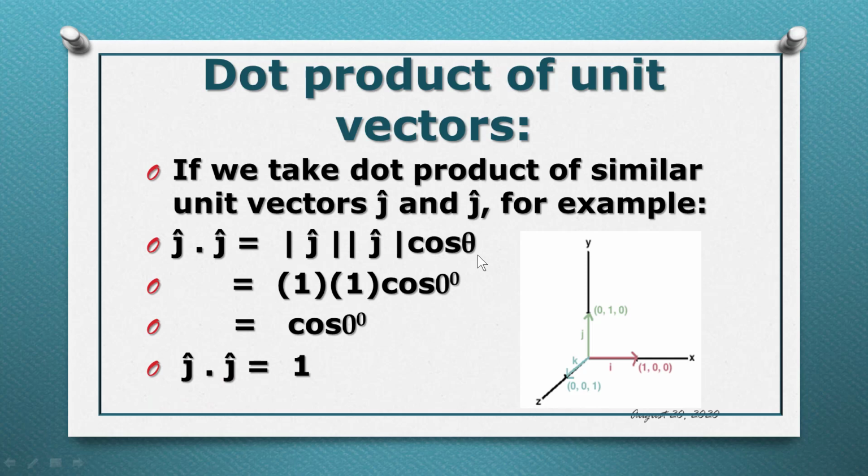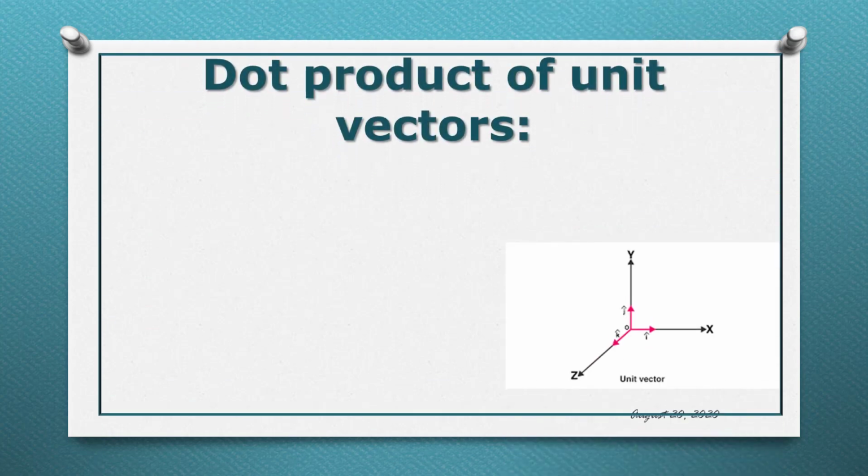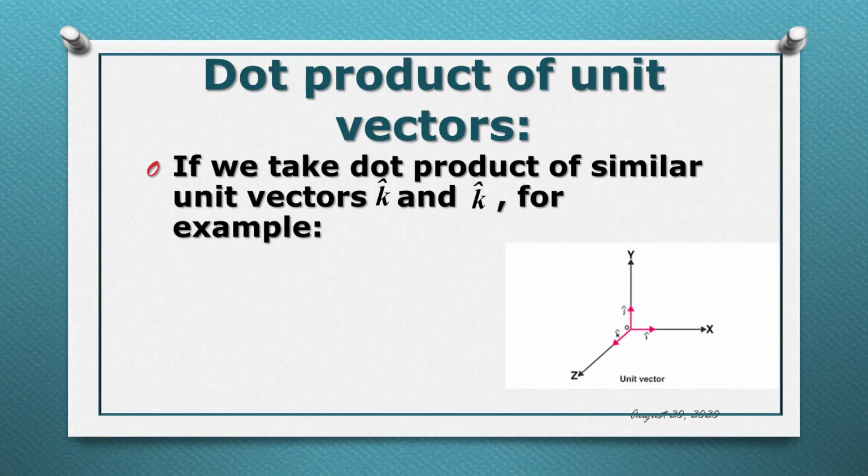So the dot product of similar unit vectors is equal to 1 because they are along the same direction and their magnitude is 1. Similarly, if we are going to find the dot product between k hat and k hat, then what will we do? k hat dot k hat is equal to magnitude of k hat into magnitude of k hat, cos of the angle between the two. k hat is along the z direction.